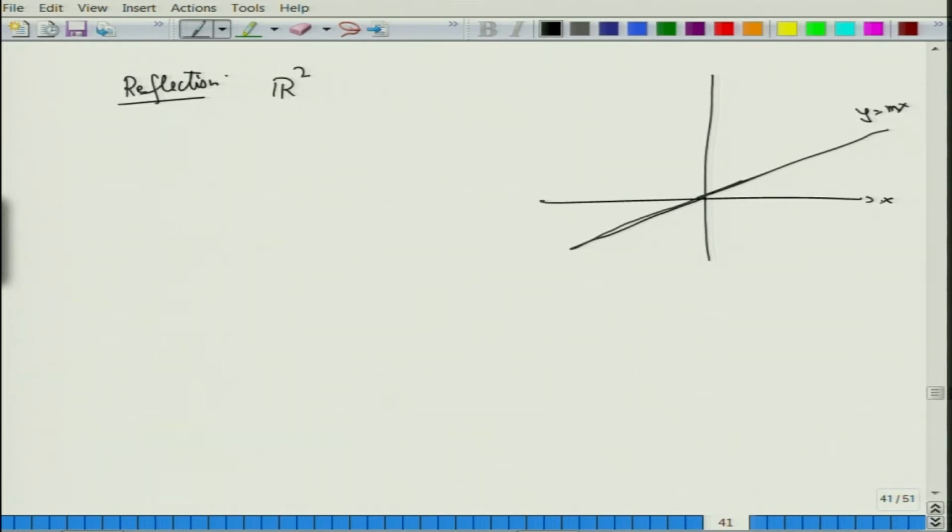So I am looking at x and y, and I want the matrix of the reflection in the standard basis E1, E2.